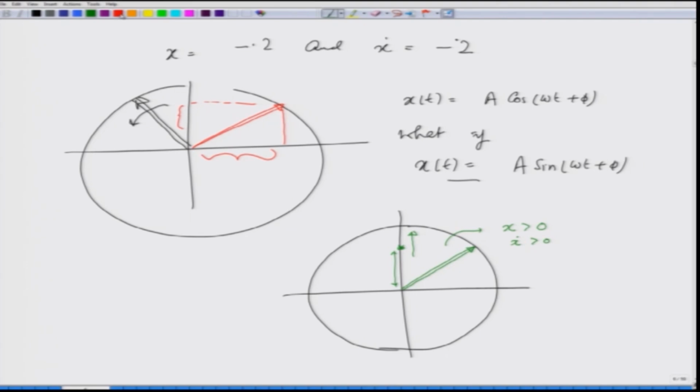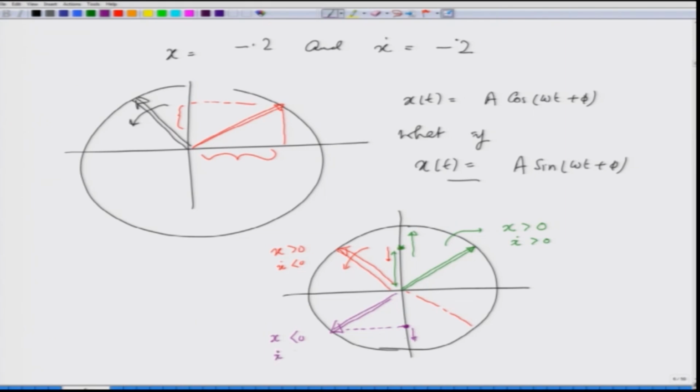Notice in the cos case, the phasor initially was here if this was the condition. In the second quadrant, x would be greater than 0, but x dot will be less than 0 because this phasor is moving counterclockwise and this point would be coming down. Similarly, in the third quadrant here, if the phasor is made here, x would be less than 0, because now the phasor would be representing a point here and the point is moving down.